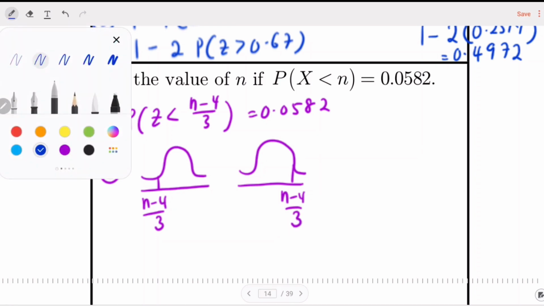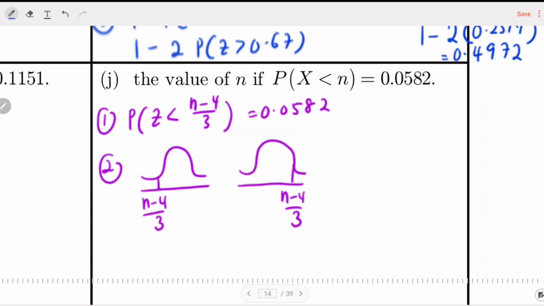The shaded region would be on the left side of the value of Z, because we have Z less than, so to the left. Then check which shaded region tallies with the probability given. Since we are given 0.0582, which is very small, not even half, the correct one is the left one. The right one is incorrect.